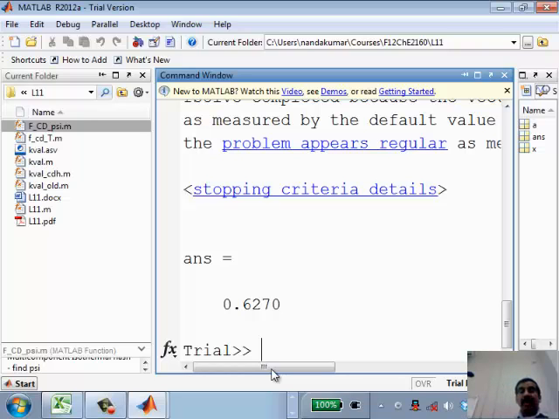Now I'm also asked to calculate the liquid and vapor composition, and I'm given the equation for this. So I may actually want to write a script that calls these and calculates the vapor and liquid fraction. So let me edit the L11 script.